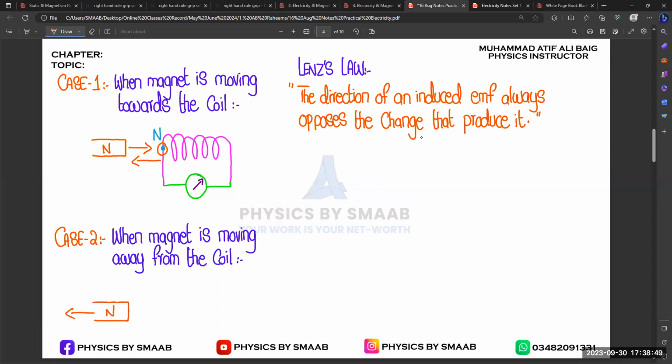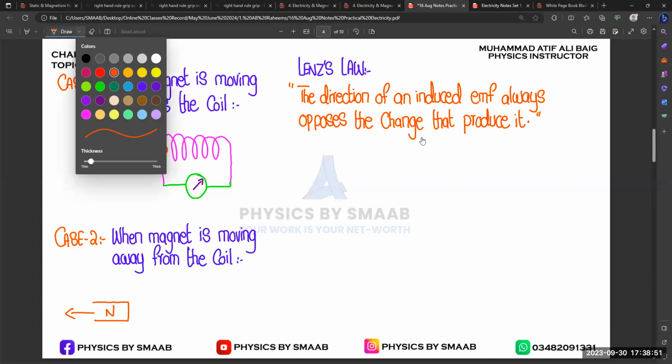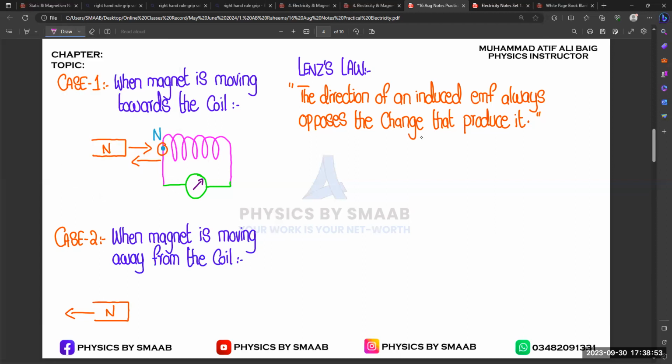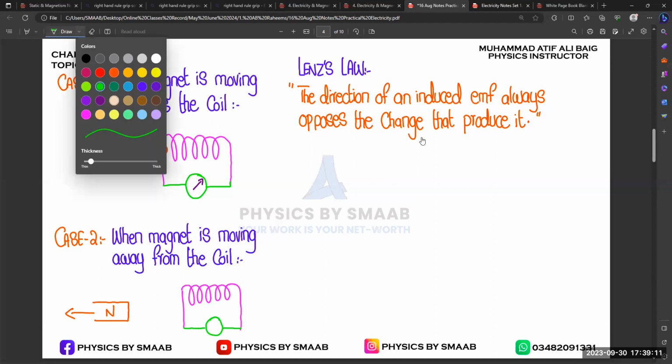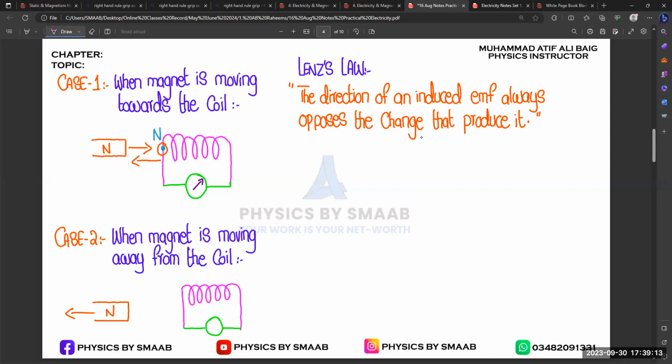So your north pole is moving in this direction, away from the coil, and the direction will also be the opposite. So in this, your EMF will be induced in the opposite direction. So the direction of the EMF will be at this point.